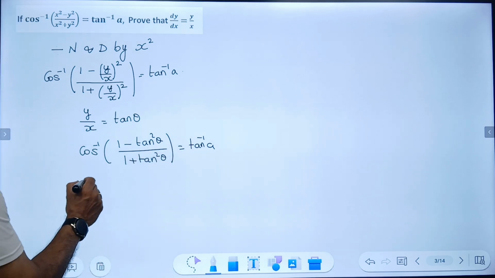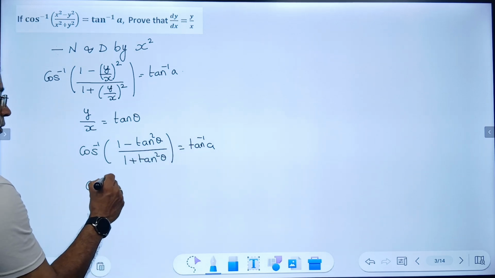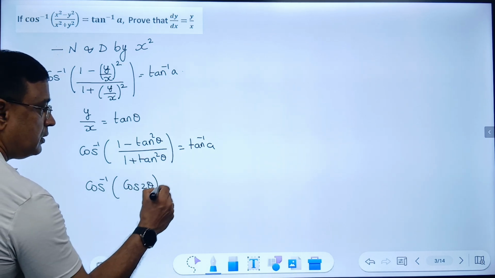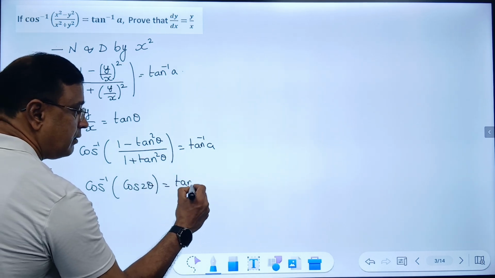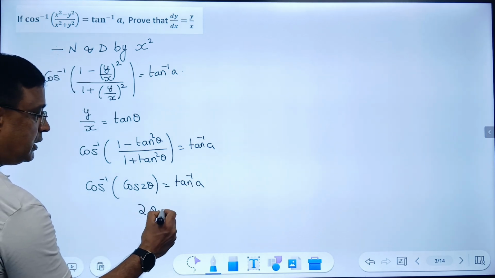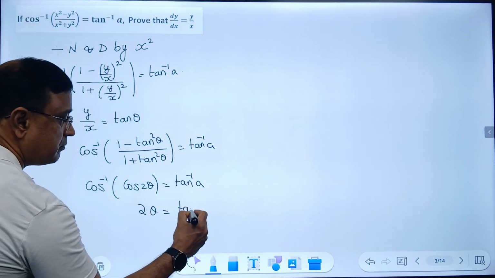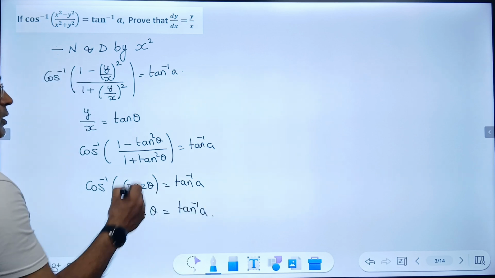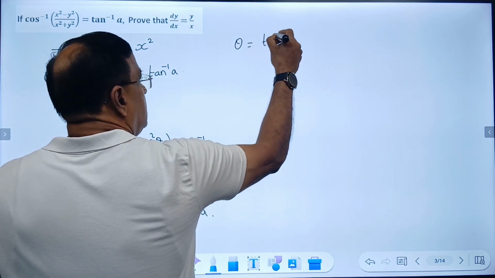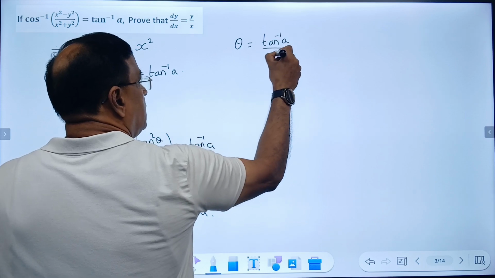This is the cos 2 theta formula, equal to tan inverse of a. So what is cos inverse of cos 2 theta? It is 2 theta. What is theta? It's tan inverse of a divided by 2.